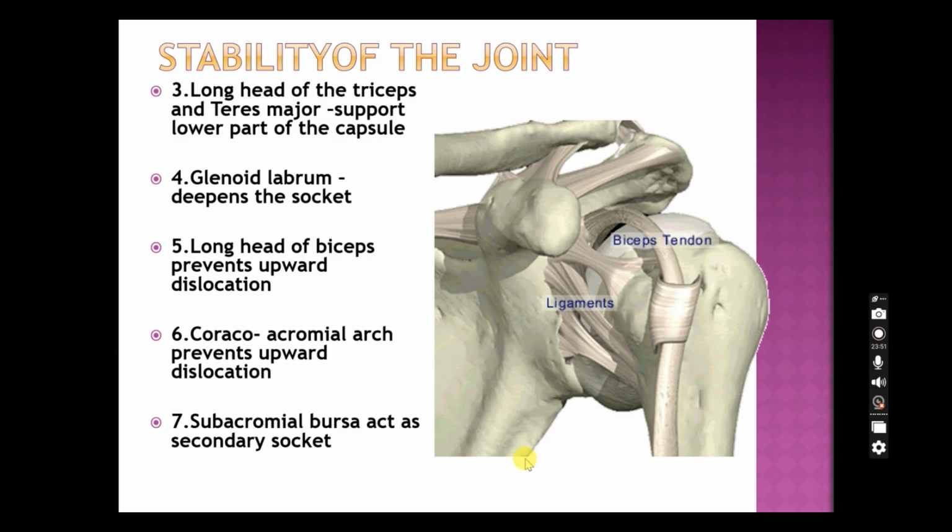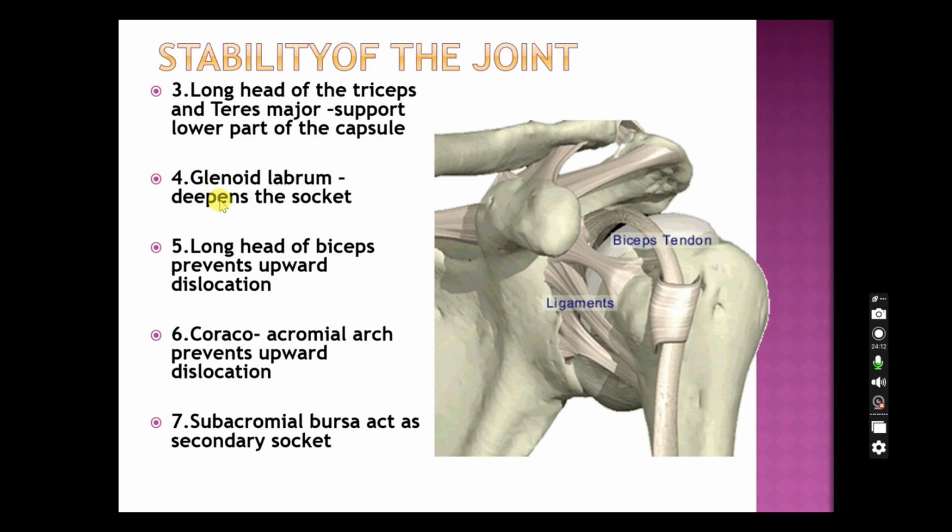Similarly, from the lower part of the lateral border of the scapula, we have a muscle going upwards and laterally in this manner. What is that? That is the teres major. So that also helps to a certain extent to prevent the downward dislocation.